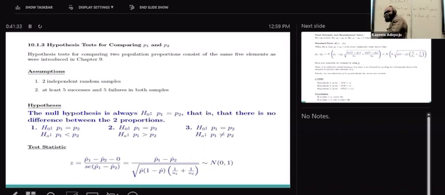I told you the other time, a parameter is whatever we want to know that we don't know. Anything that we want to know that we don't know, that's a parameter.